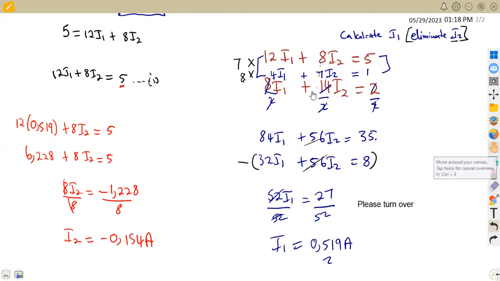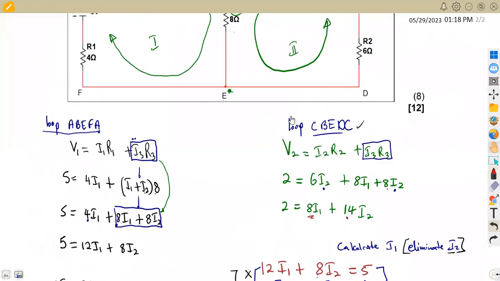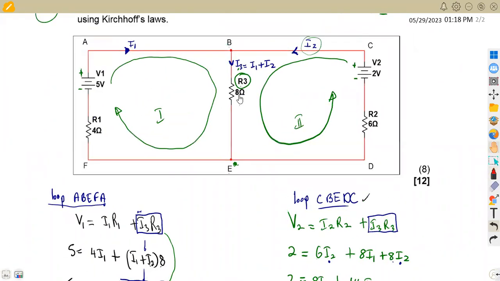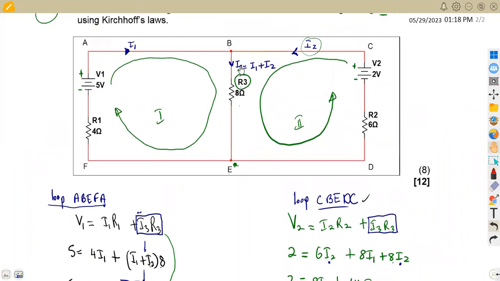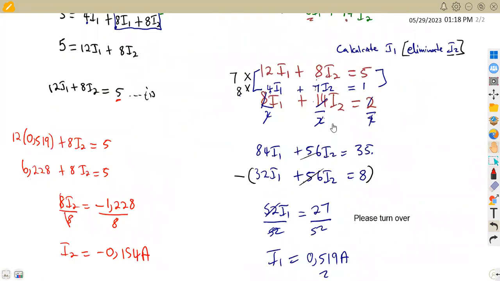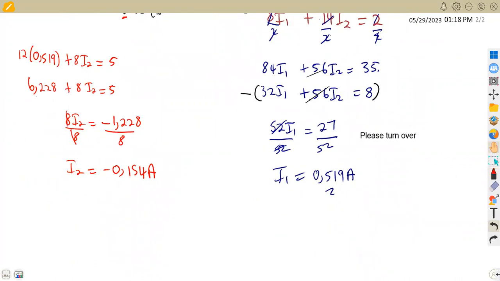But remember that we are supposed to calculate the current flowing through the resistor R3, and we said it's I3, which is I1 plus I2. So you combine the two currents that you calculated here. We have our I1 and our I2, so we said I3 is equal to I1 plus I2.